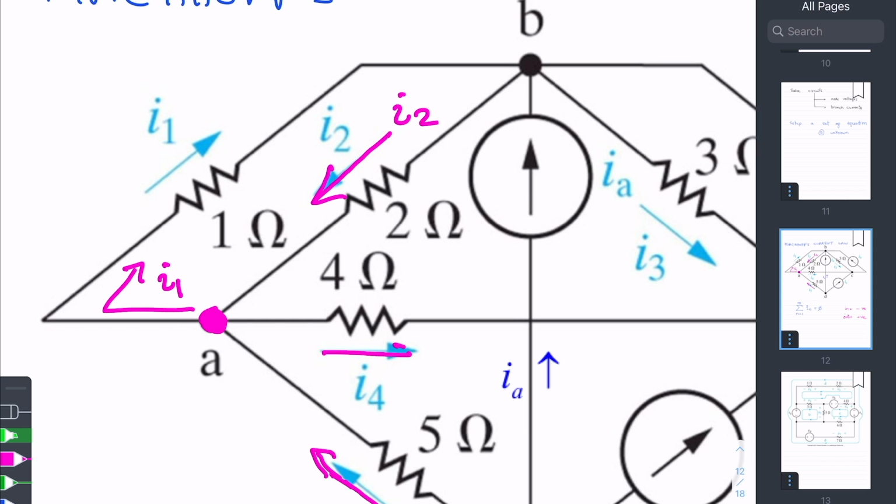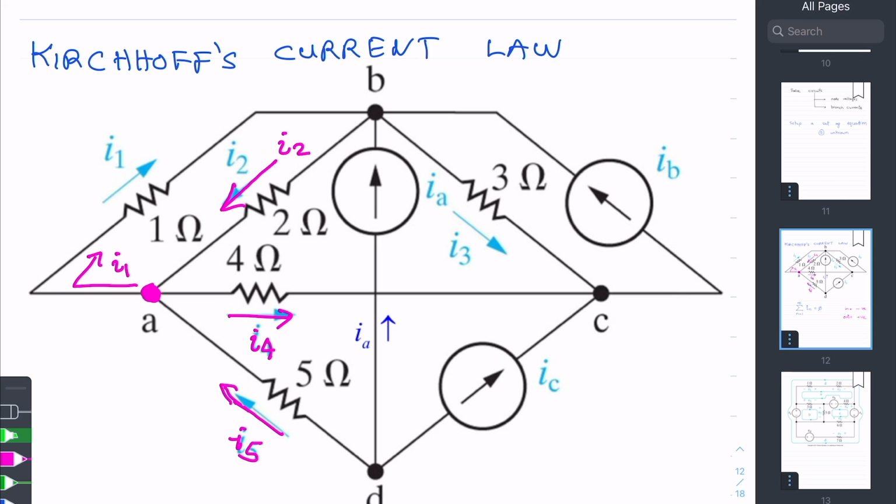And then I4. What KCL says, and KCL is a manifestation of the law of conservation of charge, is that at node A, if you sum all the currents, I1 is positive because it's leaving, plus I4, that's a current leaving as well, then the current coming in is I5, so negative I5, and negative I2.